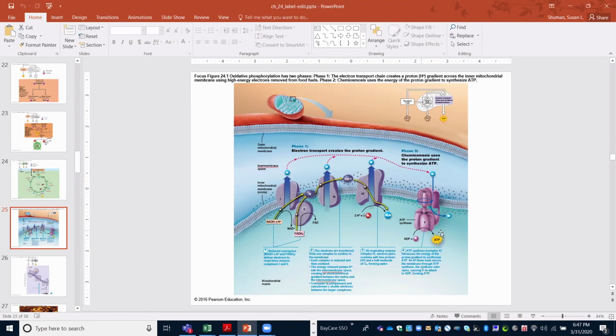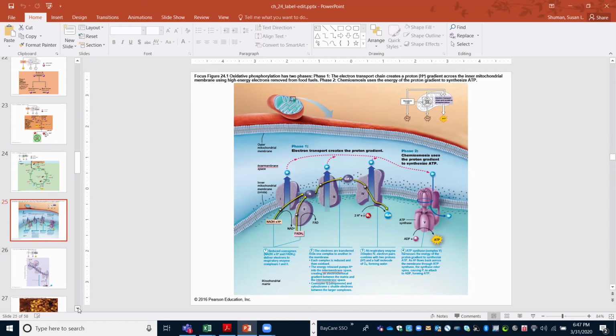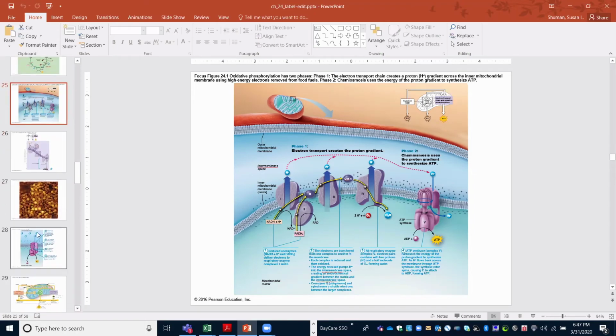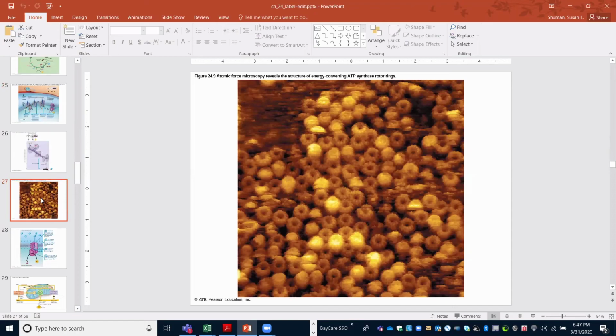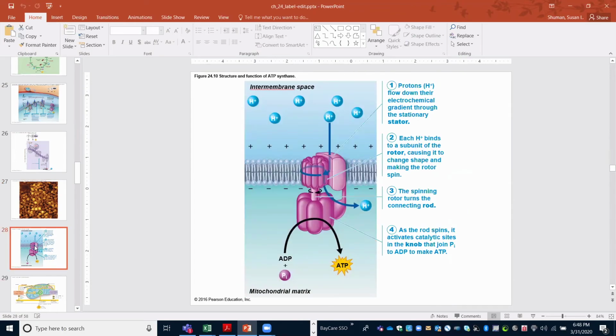So what happens is once I have powered up everything, and by the way, they can actually see this stuff. How cool is that, right? Totally awesome. Those protons, as they shoot through, are actually making this thing turn like a turbine.